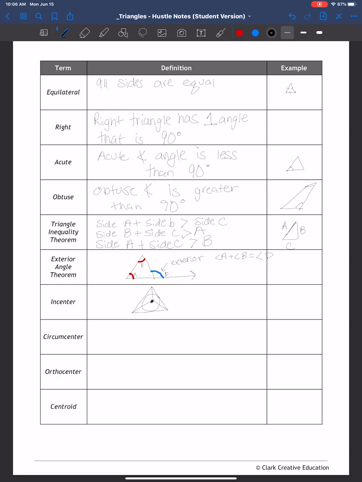My circumcenter is when I draw my triangle and I have a circle on the outside of my triangle. It's the center of the circumscribed circle at the intersection of the perpendicular bisectors of the sides. So again, here to here to here.